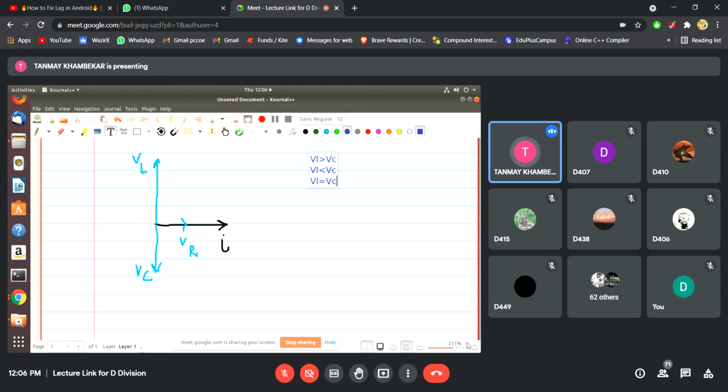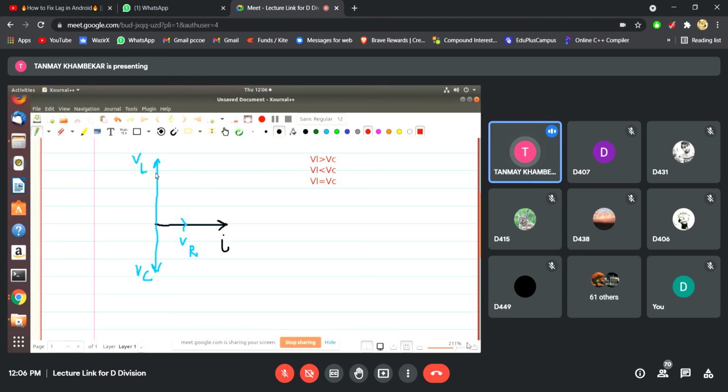Do you agree with this? Yes, ma'am. Okay, so we will take the first condition, VL greater than VC. The resultant of VL and VC will be on the VL side. As they are exactly anti-parallel, the resultant will be the subtraction of the two, VL minus VC.